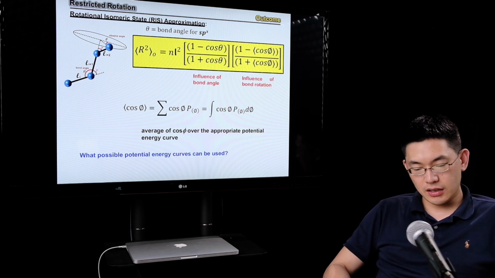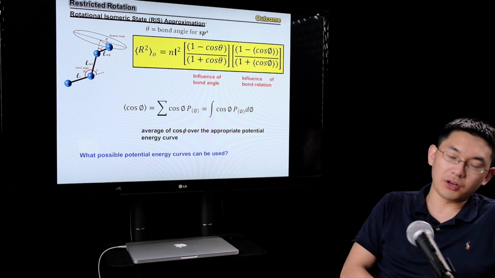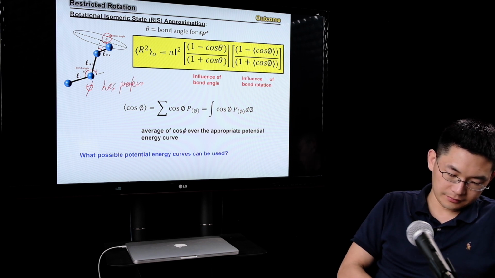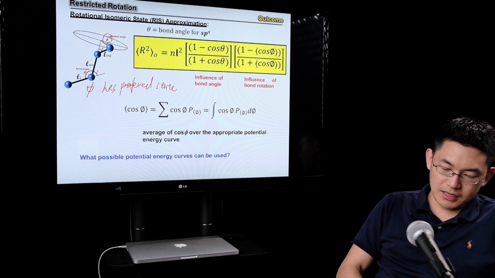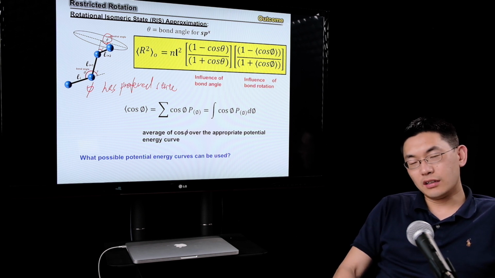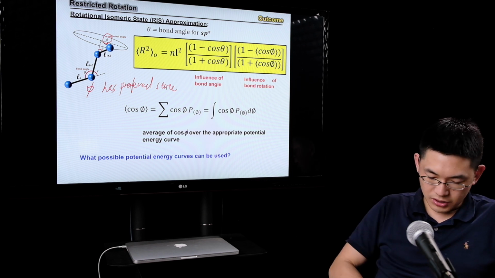Rotation isomer state is basically saying that now we consider not only the bond angle, but this phi angle has a preferred state. What does that mean? That means a bond not only would take up a rotation, but it has a certain preference in terms of rotation.